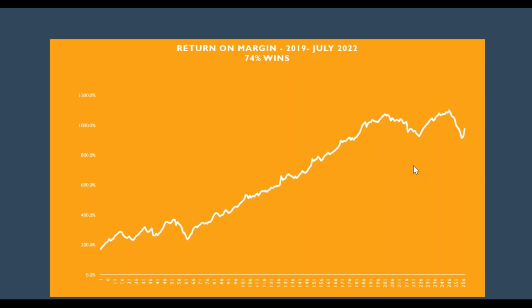This was during the Russia-Ukraine war, a number of strains of coronavirus were coming out, and we had inflation with the FOMC raising interest rates. So this has been a particularly volatile time in the market. We've kind of just treaded water, waiting to continue on with this equity curve.